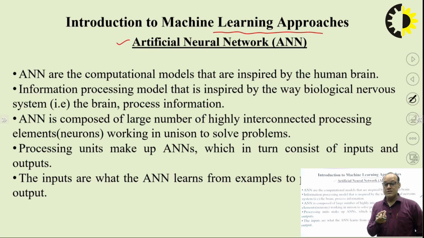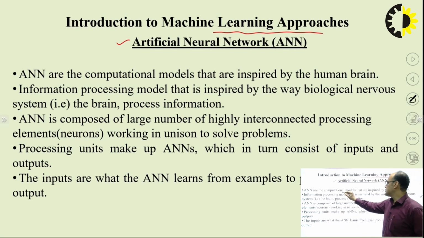In a human brain, millions and trillions of neurons are there. So inspired by that biological neuron, we make an artificial neuron. Here the artificial neuron is given a new name called processing elements, and those processing elements will do the processing. Layer by layer we will proceed and get an output, right, students?